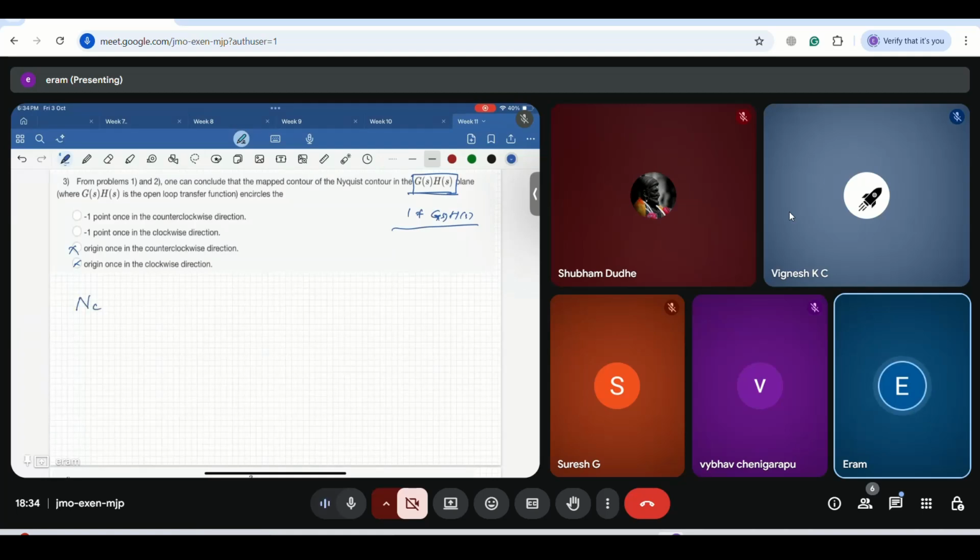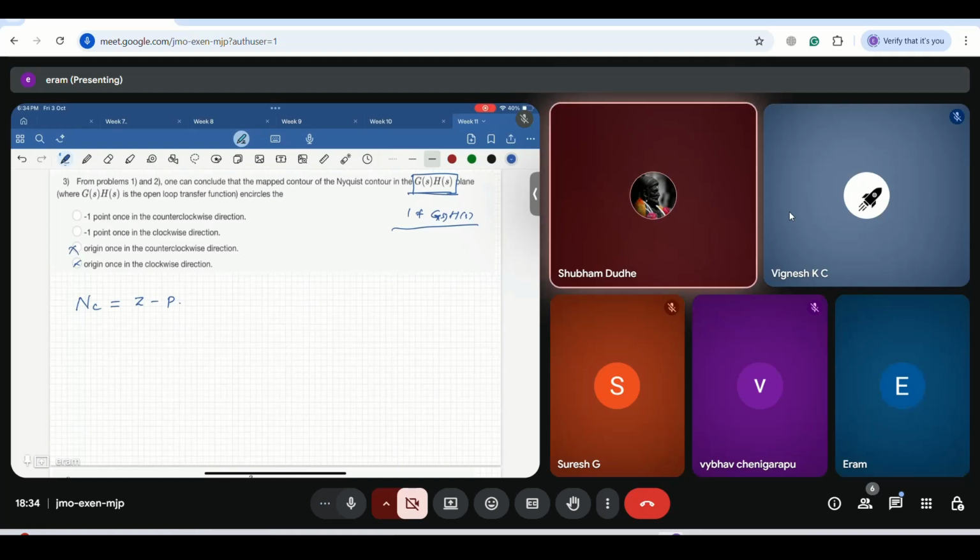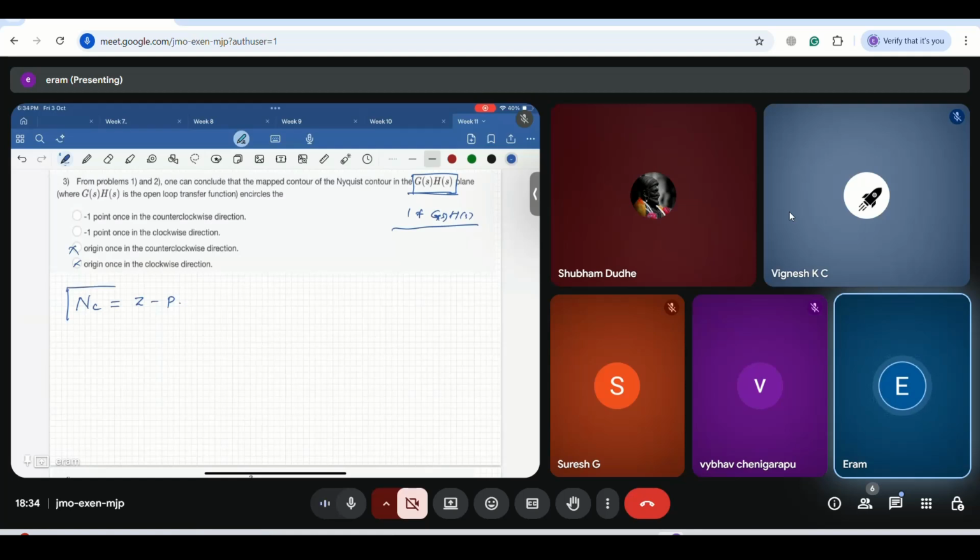We know that the number of encirclements is equal to Z minus P. And what is Z here? Zeros of what? In the Nyquist stability criterion, you just have to remember this relation very precisely. What does N denote here? What are Z and P?